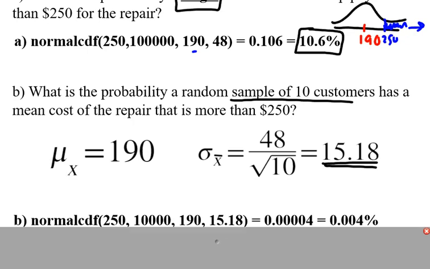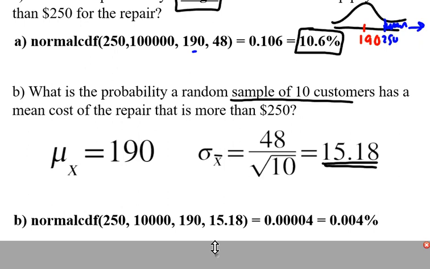I can now run a normal CDF calculation again, 250 or more, so 250 all the way up to a very large number, left bound, right bound. Average for the sample should still be 190, but the standard deviation for the sample is much, much smaller if you compare it to the standard deviation for an individual. Because we're doing a sample, it should be far closer to the true average, 15.18.